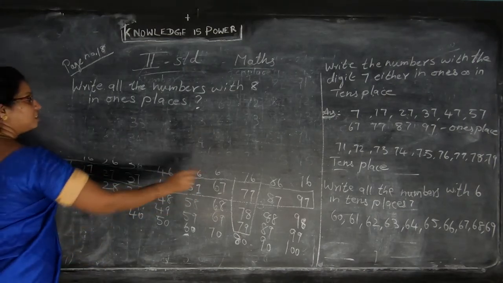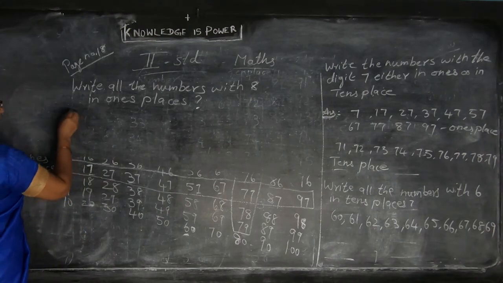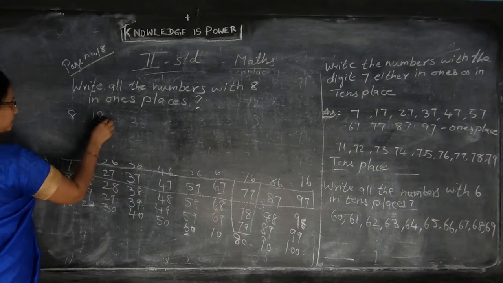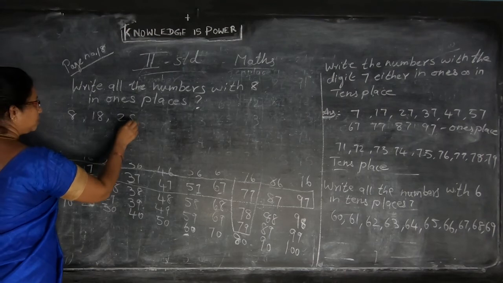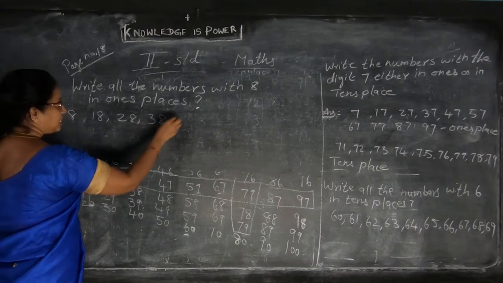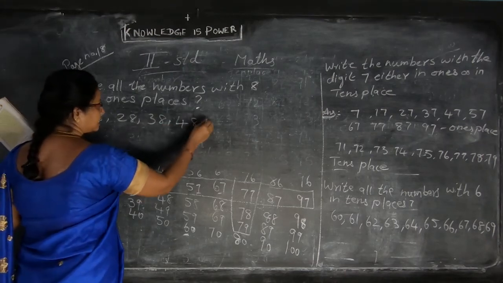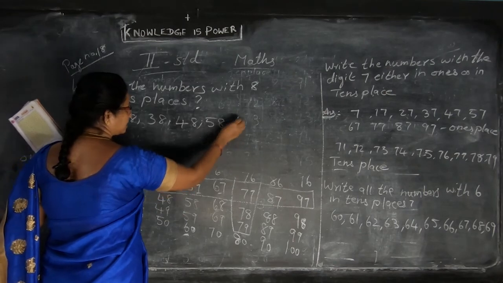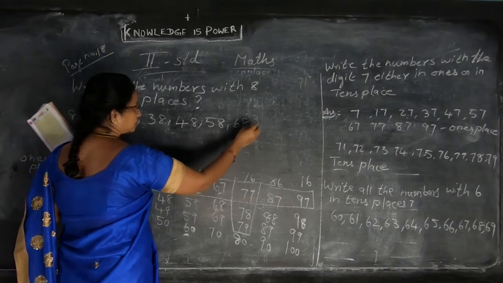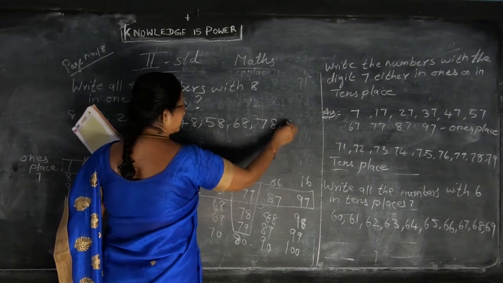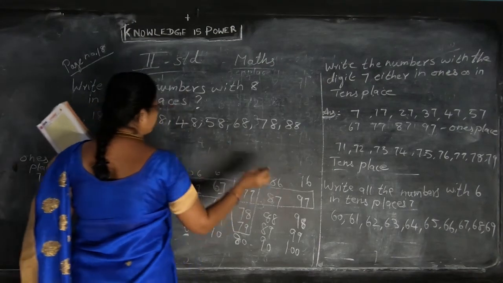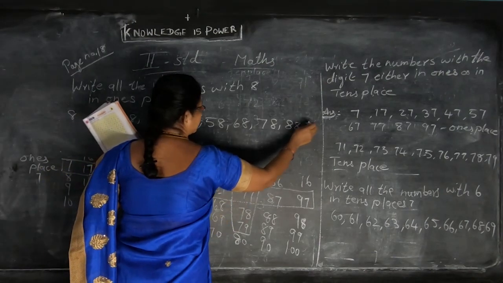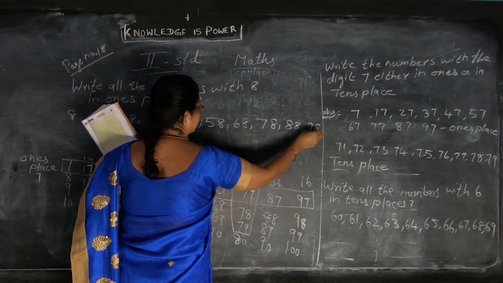You should write all these things. Okay, that is in ones place. 8, 18, 28, 38, 48, 58, 68, 78, 88, then 98.